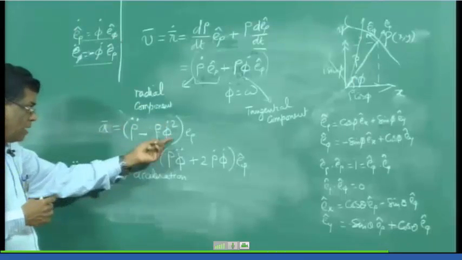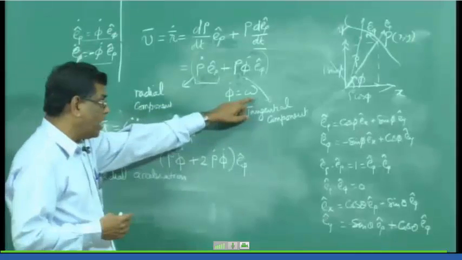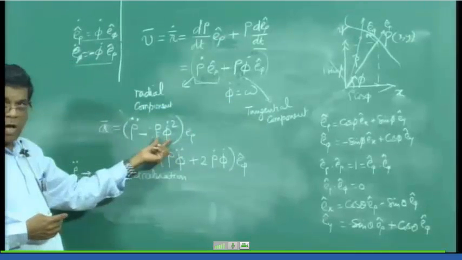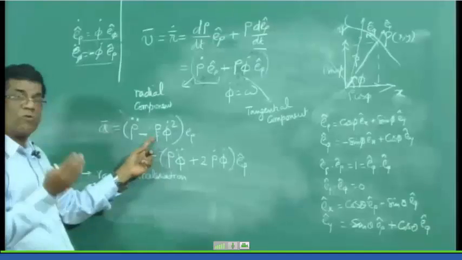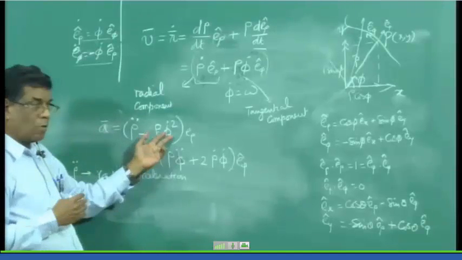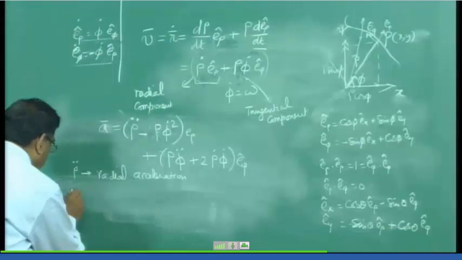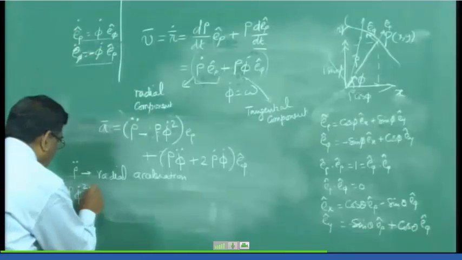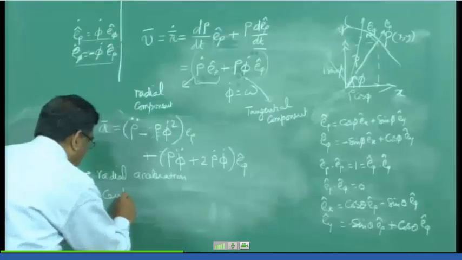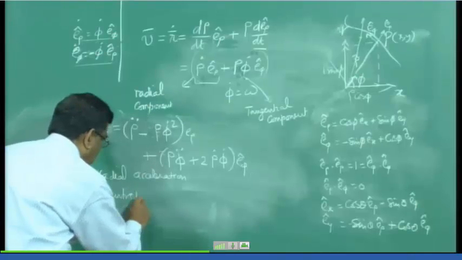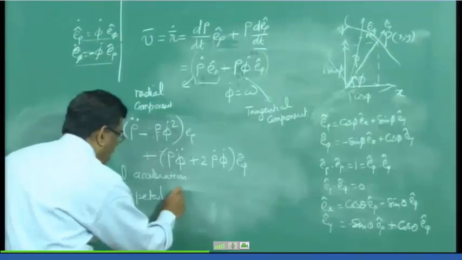Rho phi dot square: phi dot I already told you is omega, so it is r omega square. Instead of rho, if you think r, it is omega square r. And what is that? That is called the centripetal acceleration.